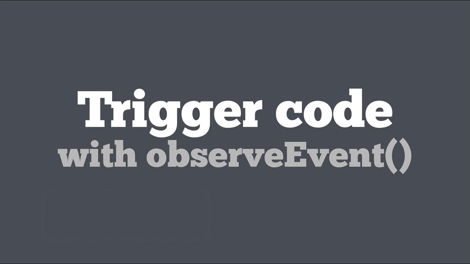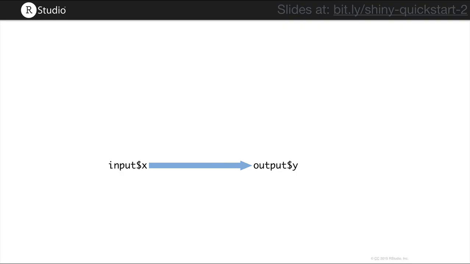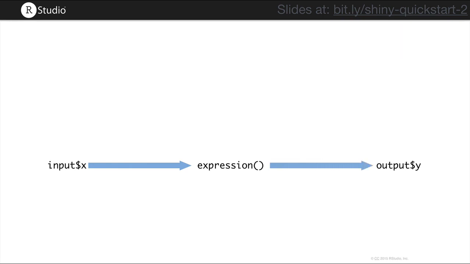All right, let's look at the bigger picture and see where we are right now. We're learning many different ways to create reactivity. It's a bit technical today, I apologize for that. But we've learned several ways already. We've learned to create the basic chain of reactivity from an input to an output object with the render functions. We've learned to extend that chain of reactivity with the reactive expression.